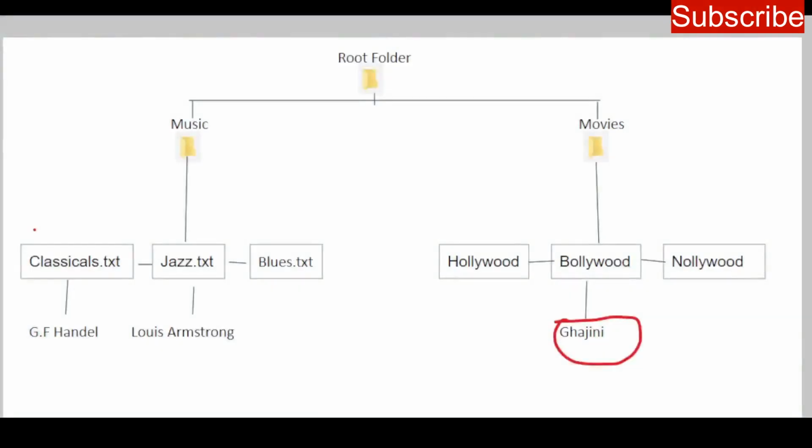Now there's one thing we want to do. Let us try to do something we didn't discuss before. We want to copy the content, that's this Louis Armstrong. We want to copy it into blues.txt. So we want this Louis Armstrong to also be in blues.txt.